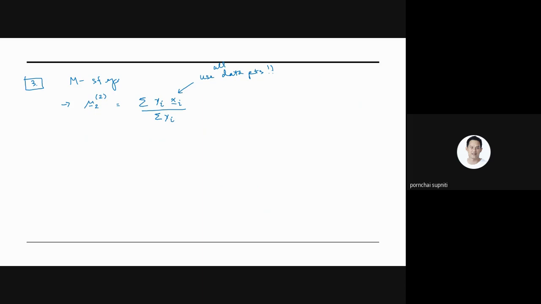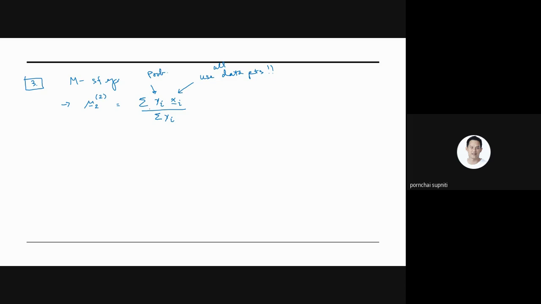In k-means, you only sum the data points in that specific cluster, right? But for the EM algorithm, we don't assign clusters during iteration, so we use all data points. But the probability value is like the weight, how much to consider that data point. If that data point is very unlikely to be in cluster 2, that gamma value is going to be very small anyway.